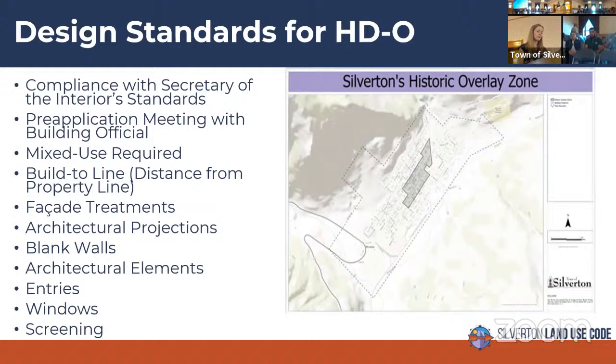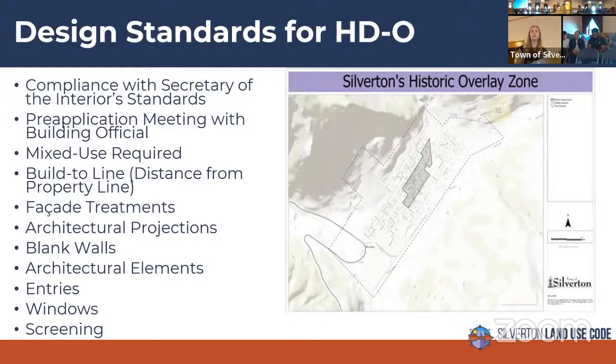Other standards in this district include the requirement for the building to be built at the front property line, some facade treatment requirements, as well as some other design standards related to avoiding blank walls, so walls that don't have any windows, or any sort of variation along a street frontage, architectural elements that are generally compatible with the historic character of the district, and then some window variation and screening requirements as well.